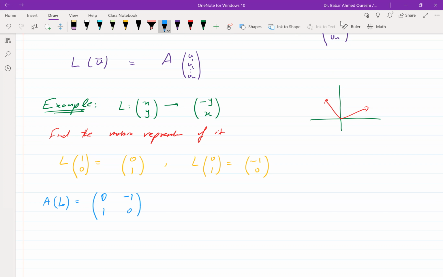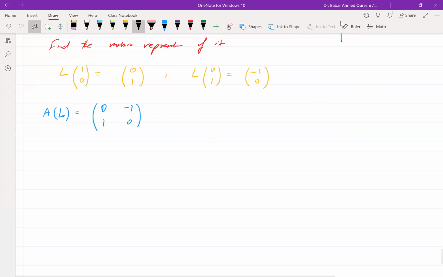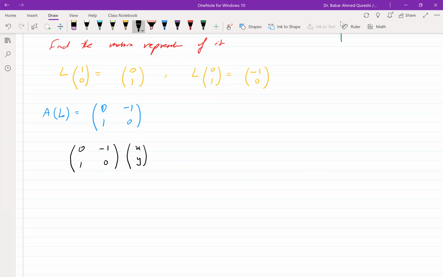So this is the matrix. We can check if it does the job for us. So if I apply this matrix on an arbitrary vector, what does the matrix product give me? 0 times x minus y, 1 times x plus 0 times y, which is correct, which is what I wanted.